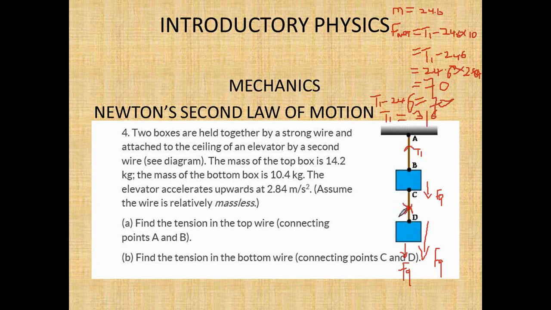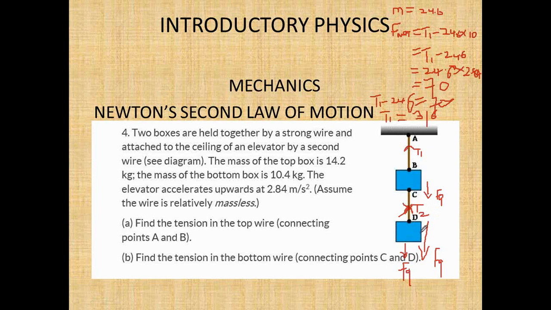Okay, so you are just going to look at the bottom box alone. The force pulling it down is going to be the force due to gravity. The force pulling this upwards is going to be the tension. So call this T2. We don't know what that is. We don't know what T2 is. Okay? But we know the system is moving upwards, so we know that T2 is greater than the force due to gravity.